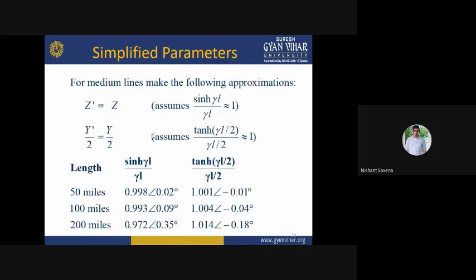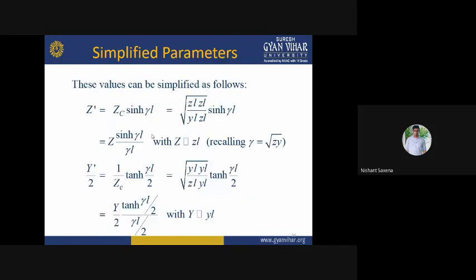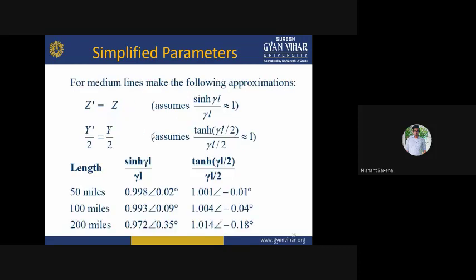Therefore, for medium lines we make the following approximations: Z dash is equal to Z and Y dash by 2 is equal to Y by 2, where the hyperbolic terms are considered approximately equal to 1. Now look at this table given below.